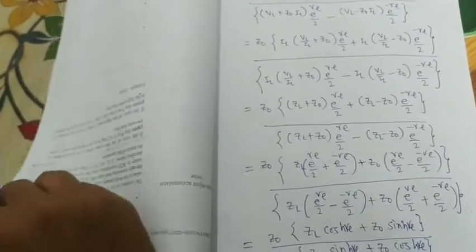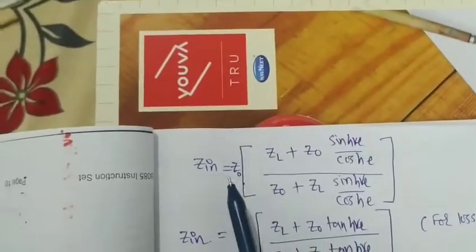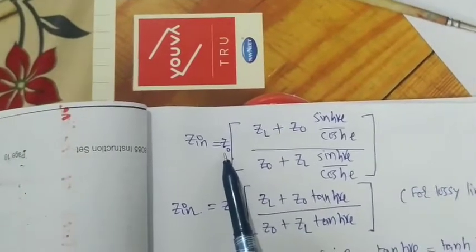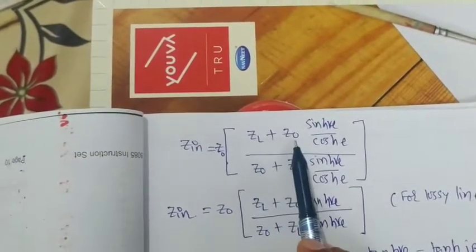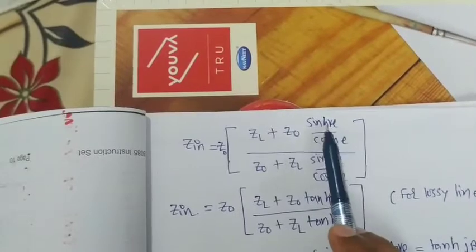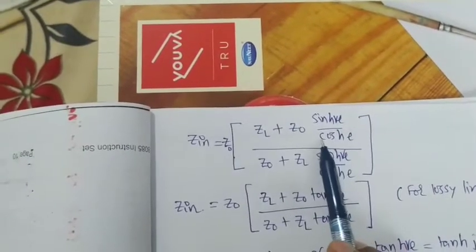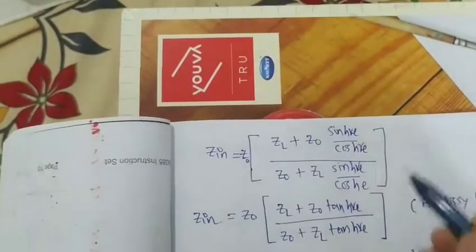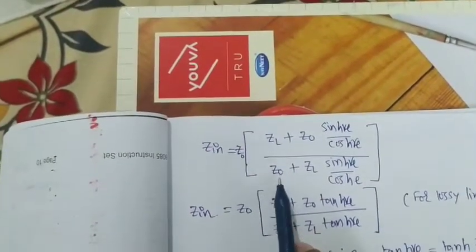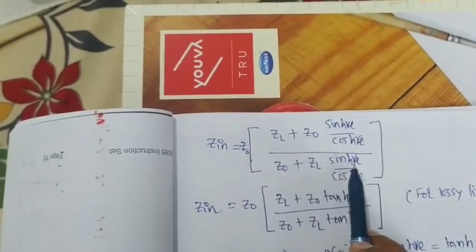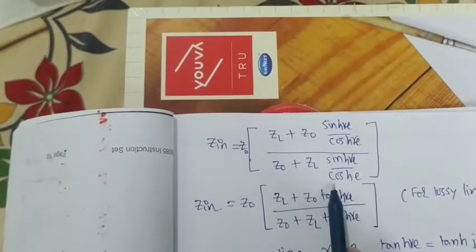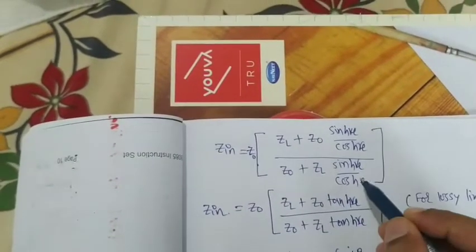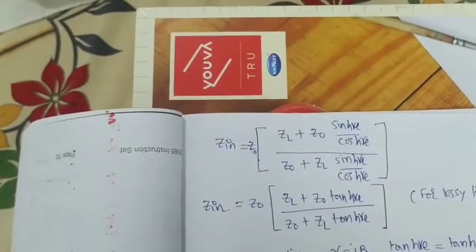So we will finally get the expression like this: ZL Z0 is already there, ZL plus Z0 sinh gamma L divided by cosh gamma L, and Z0 plus ZL sinh gamma L divided by cosh gamma L.